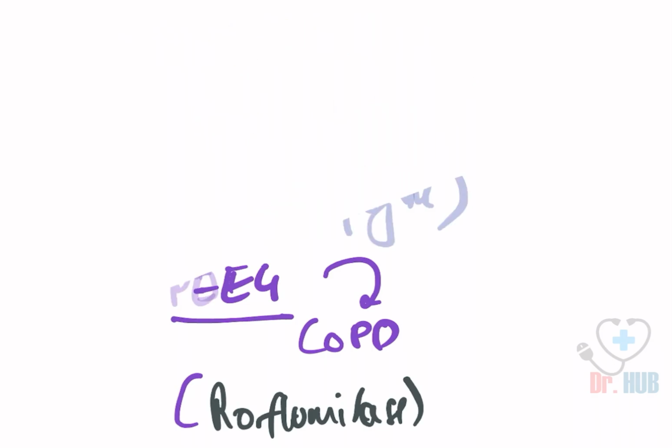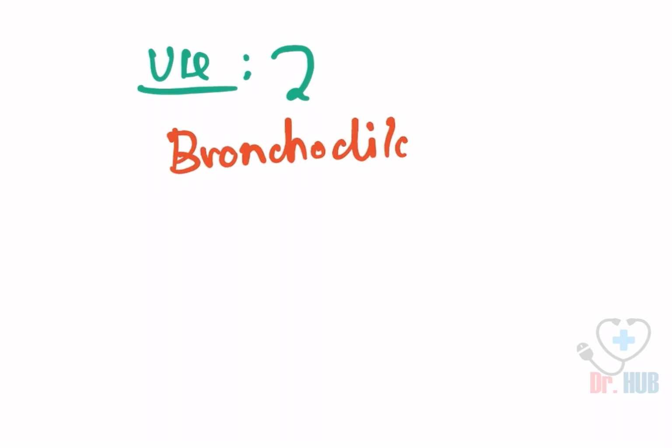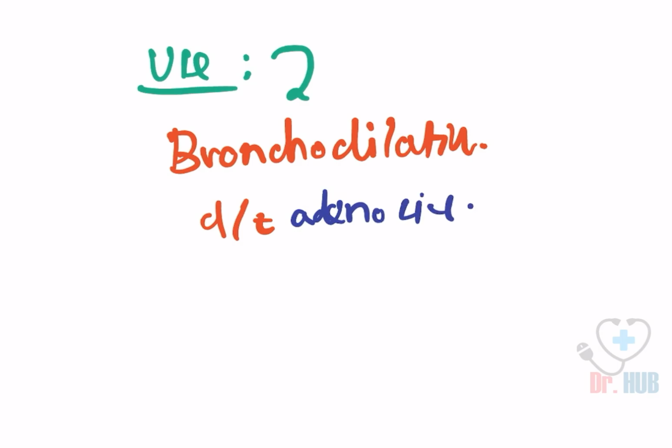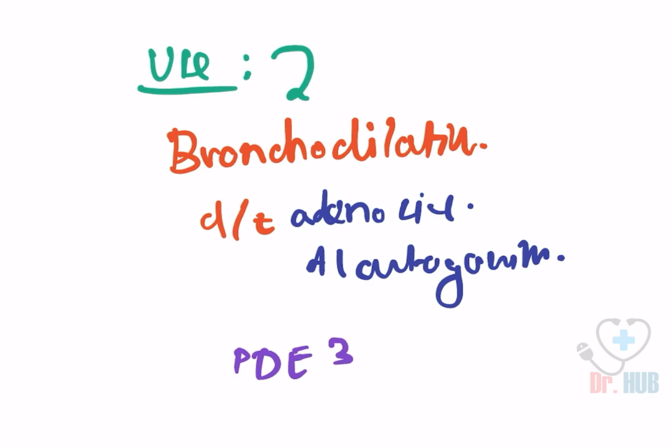Next, looking at the uses, the use is that it helps in the bronchodilation, and this is due to the adenosine antagonism. So here the PDE3 is greater than the PDE4 block.